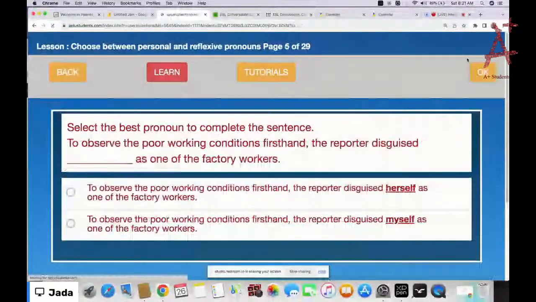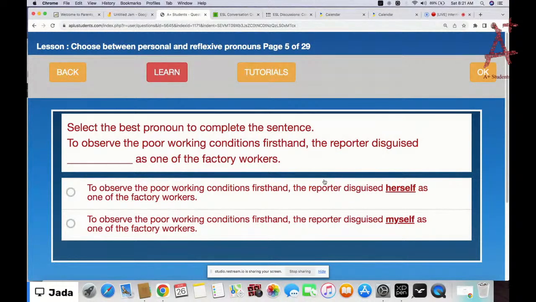To observe the poor working conditions firsthand, the reporter disguised dash as one of the factory workers. Disguised himself, herself, or myself? Disguised herself.